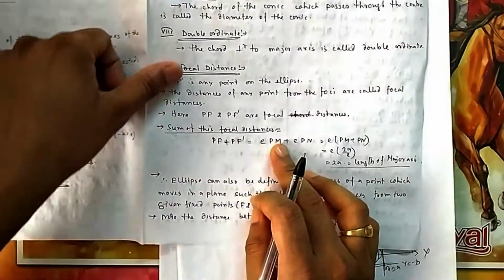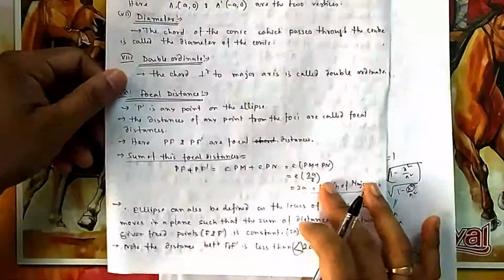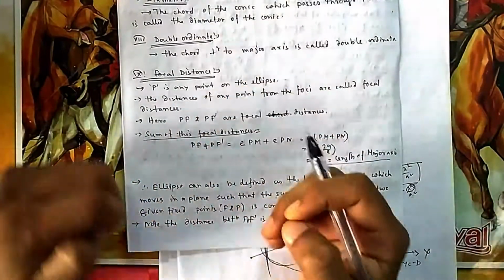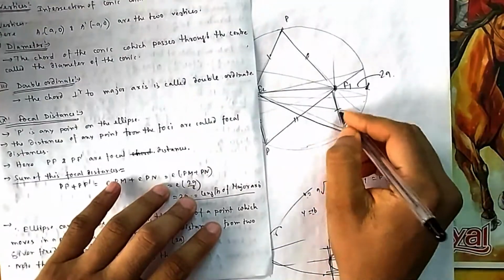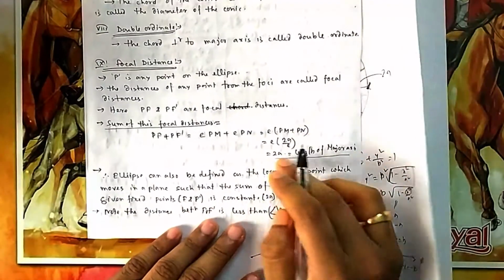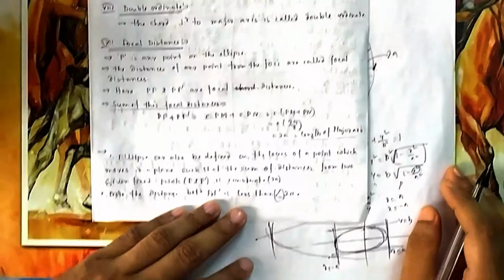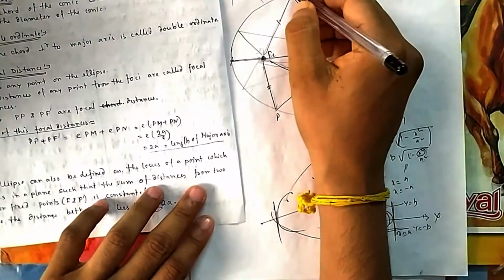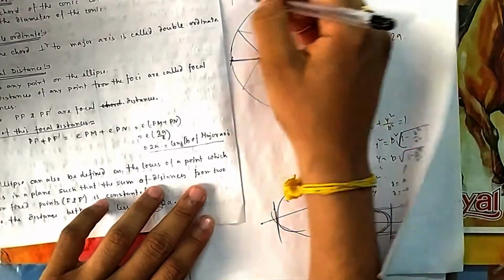So the sum of the focal distances in case of an ellipse at any point, there will be two focal distances, one from one focus, one from the other focus, and that sum is always fixed. That is 2a. That means we can redefine the ellipse from the experiment. These are the locus of P, because we are drawing P as much as we can move.